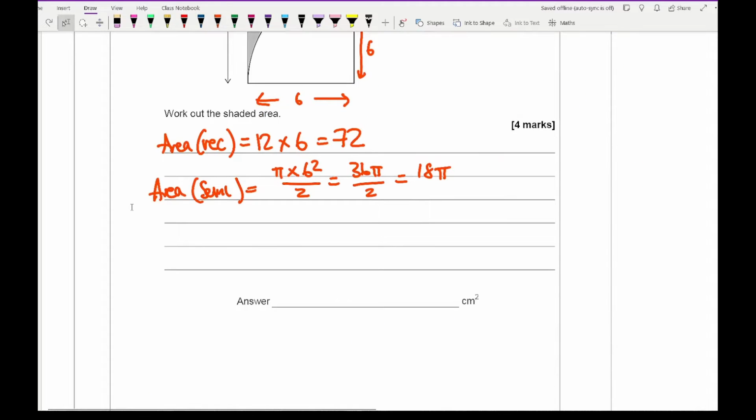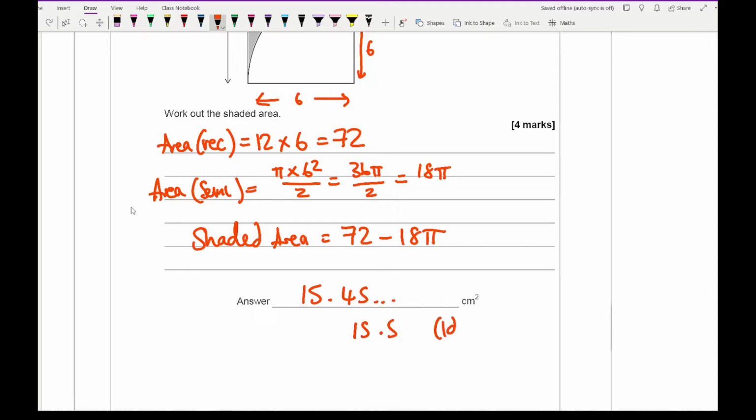So then the shaded area is going to equal 72 minus 18 pi, and if I then reach for my calculator to work that out, so here I've got 72 minus 18 pi, and that gives me an answer of 15.45133. So any of those answers will be fine, or 15.5 to 1 decimal place.